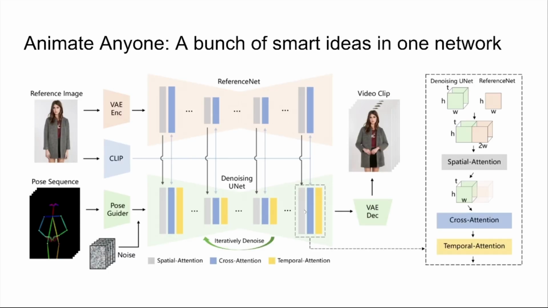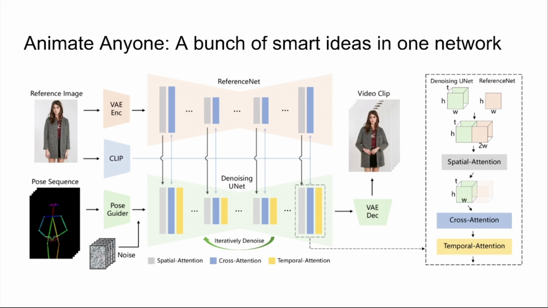So basically, here's the overall neural network structure, the architecture for Animate Anyone. And probably you see a lot of things, but most of the architecture is identical to a normal diffusion model, for example, Stable Diffusion.